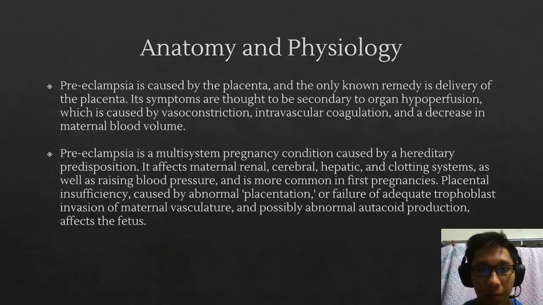Now, let's talk about the anatomy and physiology of PIH. You see, during pregnancy, the blood flows to several organs, which increases to satisfy the increased metabolic needs of tissues. As a result, the venous returns and the cardiac output both increase considerably. During the first 2 trimesters, the cardiac output steadily increases, with the highest increase occurring by 16th week of pregnancy.